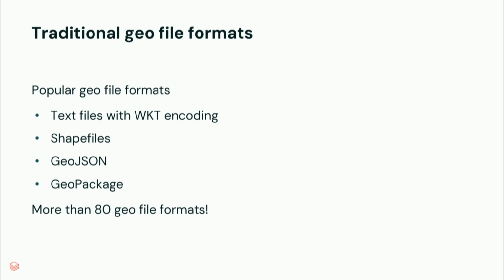In the past decade, we invented probably like 80 different file formats for every different scenario. So you probably need a really specific tool to handle all these formats. All these formats create data silos. It is really hard to make sense of geospatial data together with your existing data infrastructure.